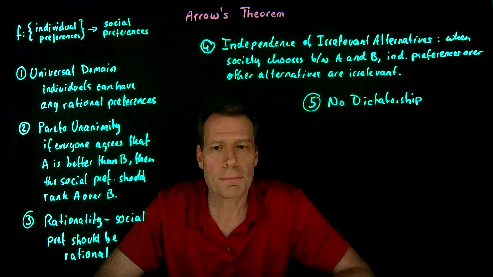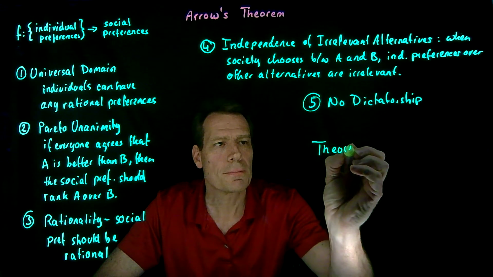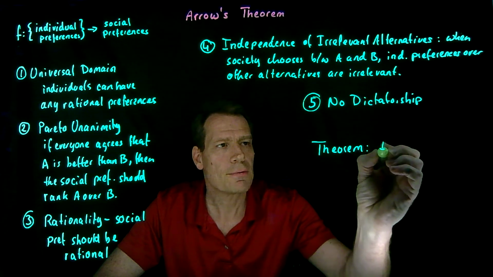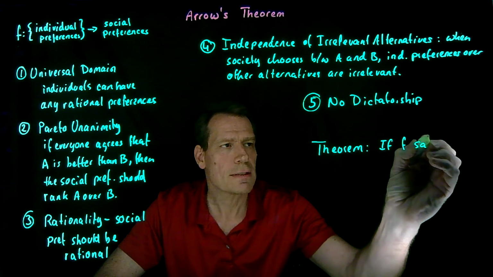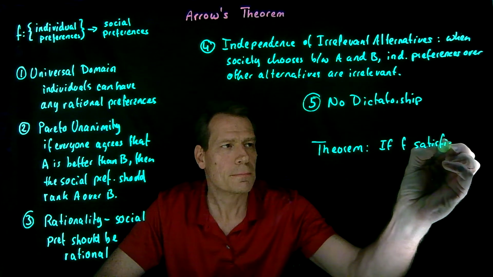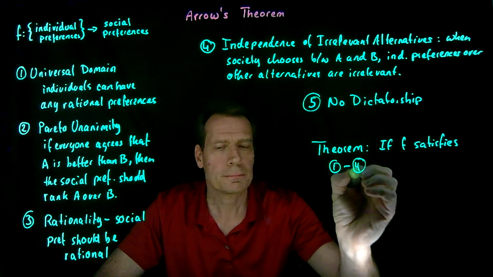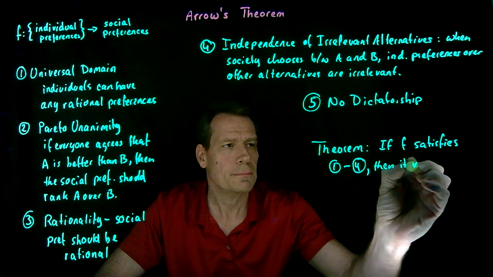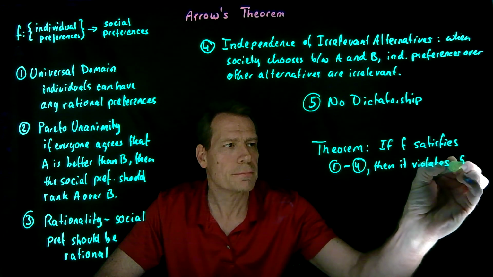So what was his theorem? Well, his theorem can be phrased in 2 different ways. One way to phrase the theorem is to say, if a social choice function satisfies conditions 1 through 4, then it must violate condition 5.